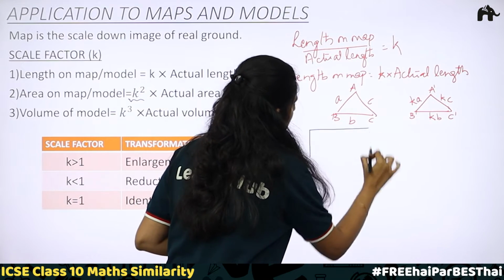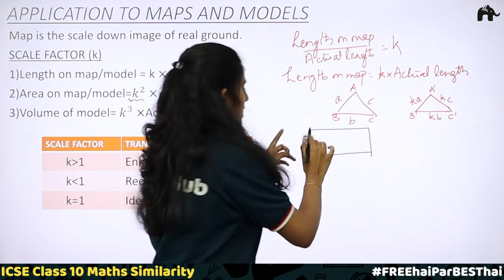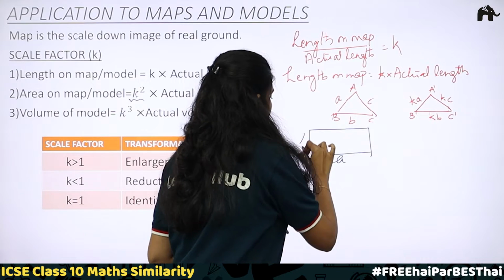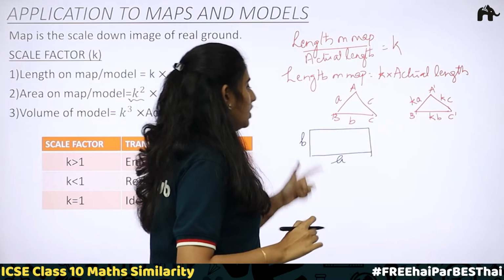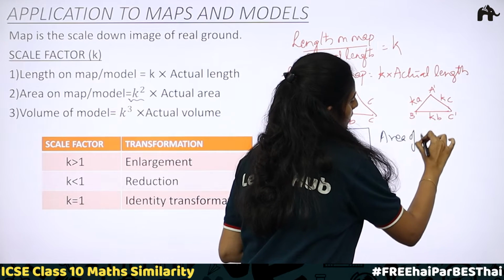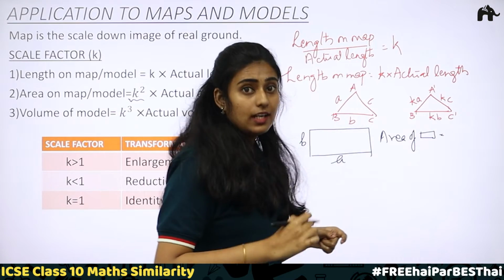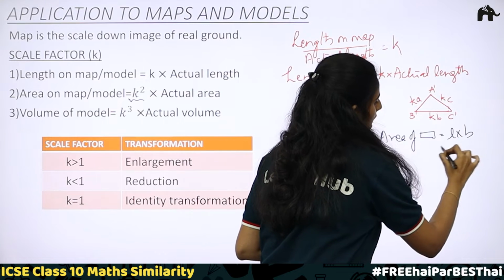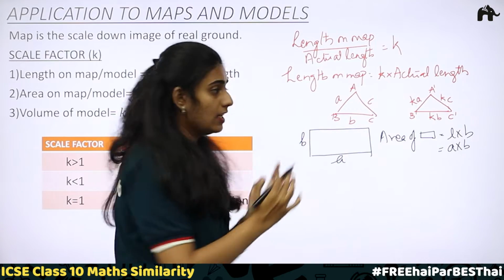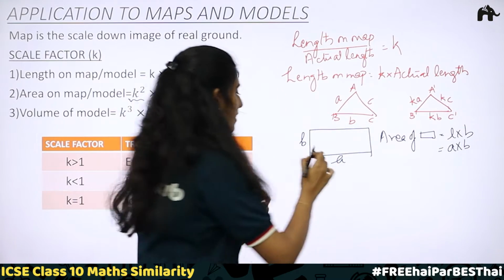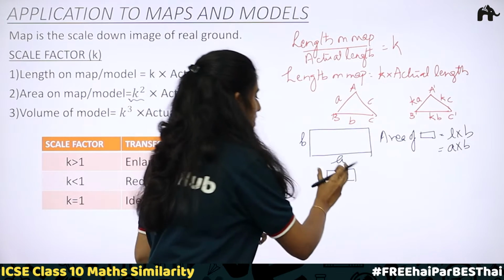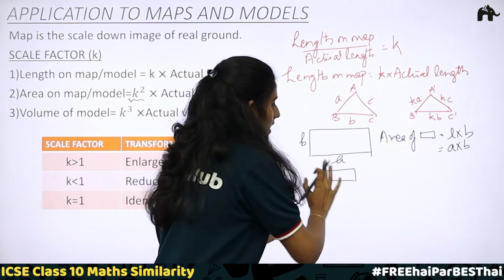Consider, I am taking a rectangle. This rectangle has one side equal to A and the other side equal to B. Okay, we know area of rectangle is equal to length into breadth. Here we have A and B, therefore A into B. Okay, I am reducing this with a scale factor K. I will be getting a smaller rectangle. For this smaller rectangle, we need to find the length and breadth.